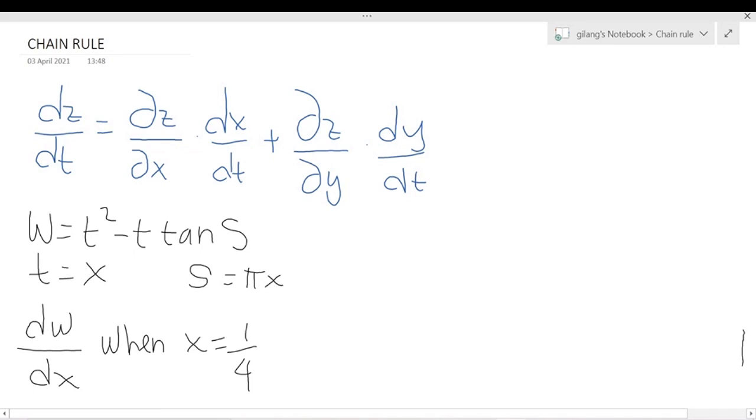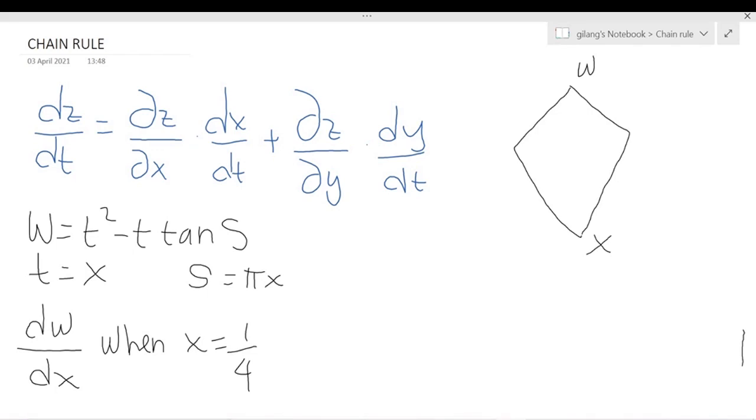I'm going to use a diagram to make it simple. For example, here is w and here is x. I'm going to reach x from w, but I have to go through t and s.